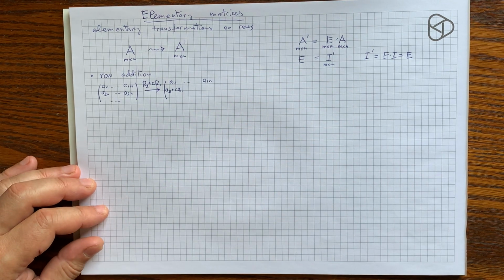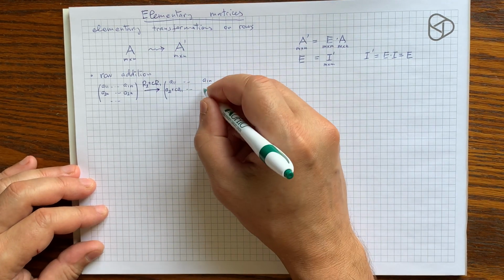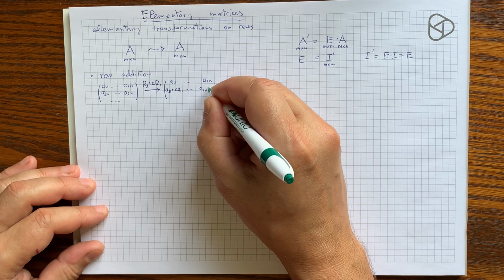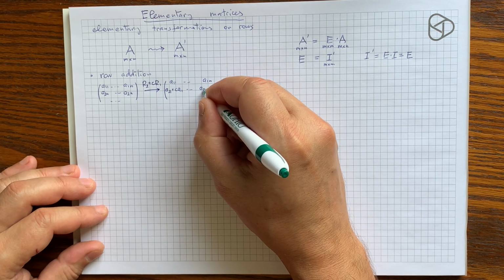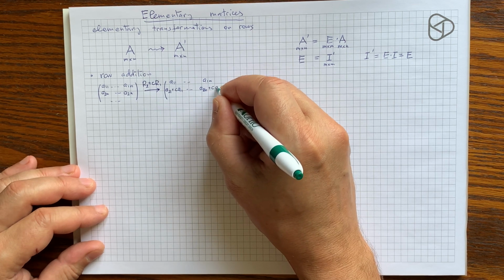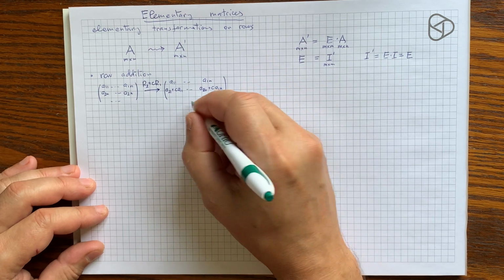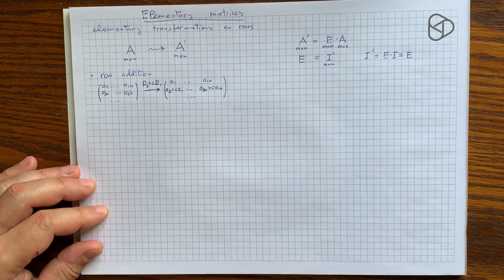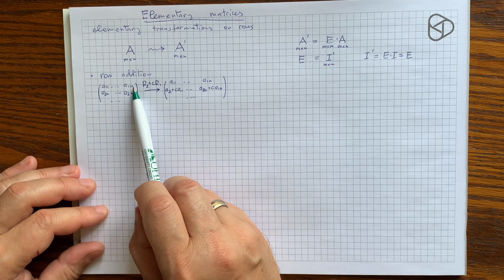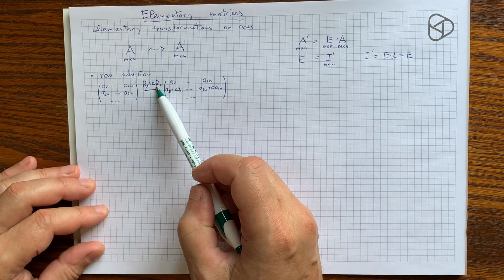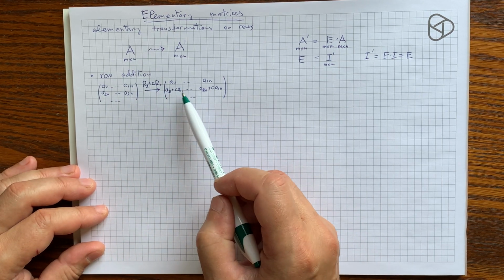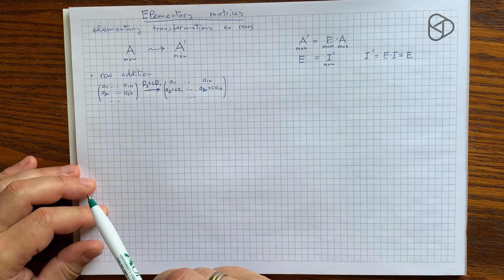And that will be the first entry in the second row, and the last will be this. So what we're doing, the rest is still the same. What we're doing is we're taking the first row, taking it out, multiplying by the constant C, and adding it component-wise to the second row.